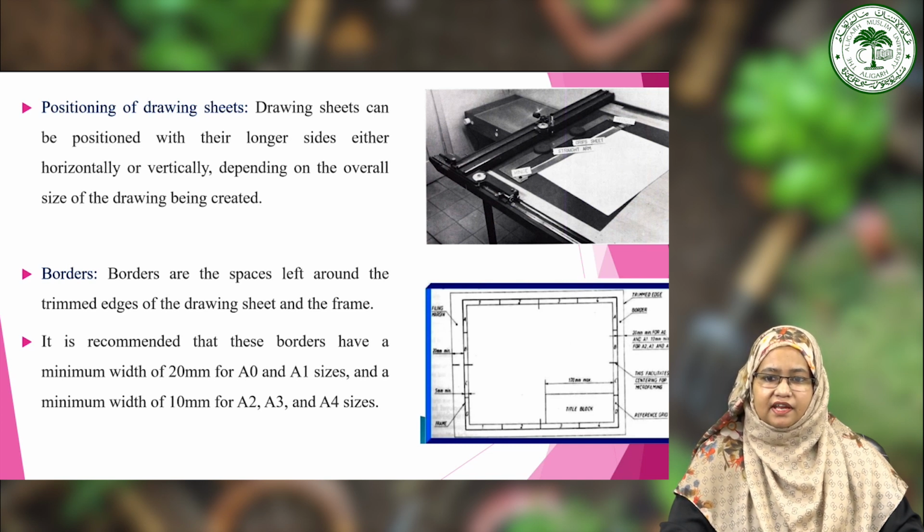For A0 and A1 sizes, a border width of 20 mm is recommended, providing ample space to frame the drawing without overwhelming the composition. On the other hand, A2, A3 and A4 sizes benefit from a slightly narrower border, ideally set at 10 mm, striking a harmonious balance between visual appeal and practicality.